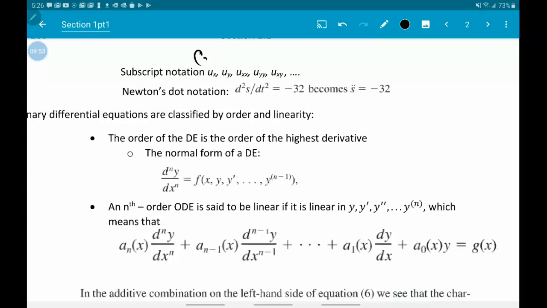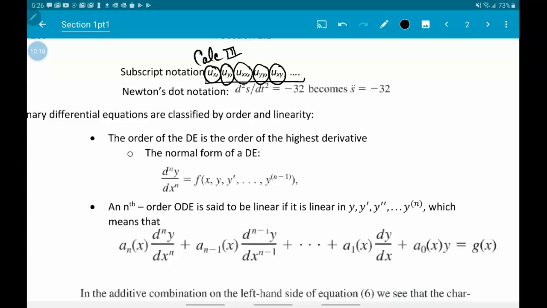In Calc 3, when you talk about partial derivatives, you will see this subscript notation. That's another notation used for partial derivatives. So it's the derivative of function u with respect to x, derivative of function u with respect to y, and then these are second derivatives.